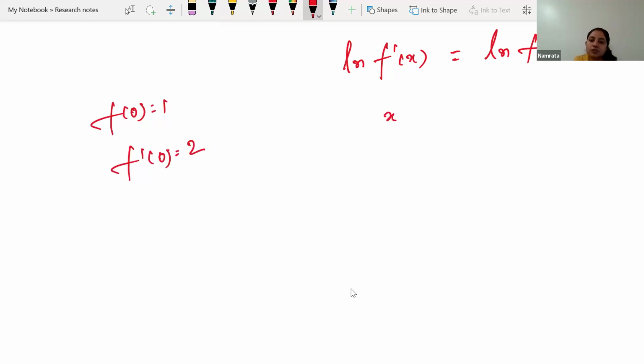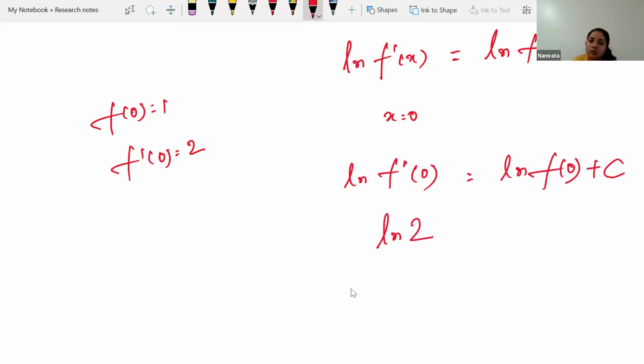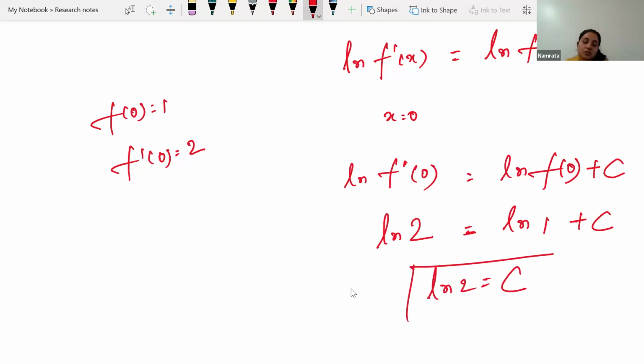When x equals 0, we get ln f dash 0 is equal to ln f of 0 plus c. F dash 0 is 2, so ln 2 is equal to 0 plus c, since log 1 is 0. So c is just ln 2. We got the constant of integration.